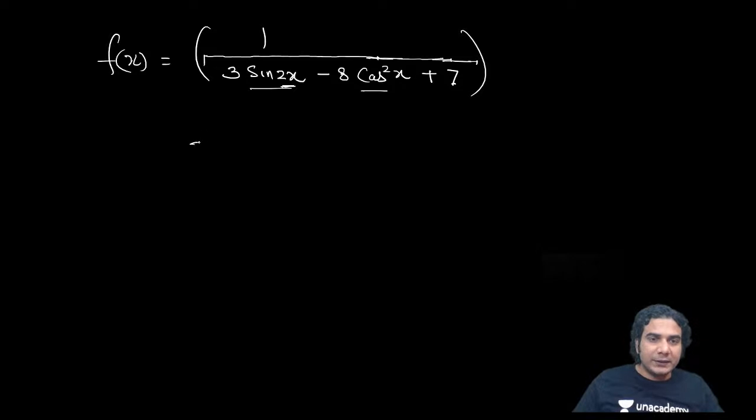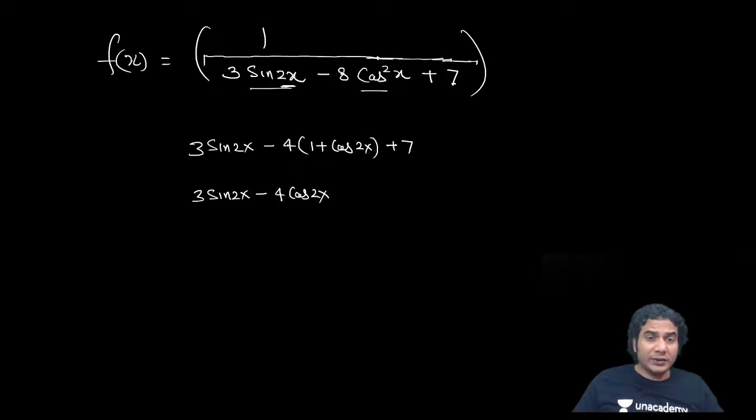So you start with this 3 sin 2x, and first write the range of this, minus 4 times 2 cos square x, which can be written as 1 plus cos 2x, plus 7. So you can write it like this: 3 sin 2x minus 4 cos 2x, and now 7 minus 4 is plus 3.